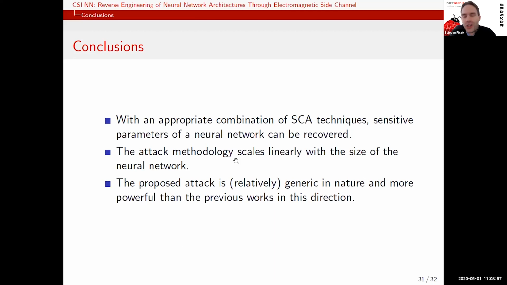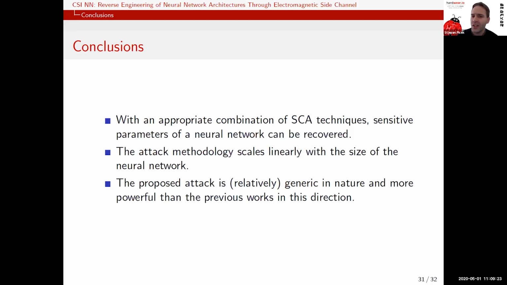So finally, just to conclude, what's cool? Well, if we use relatively simple side channel techniques, so nothing fancy, nothing that we needed to invent, all known stuff known for 20 plus years, we can break the neural network architecture in a way that we can reconstruct its behavior.